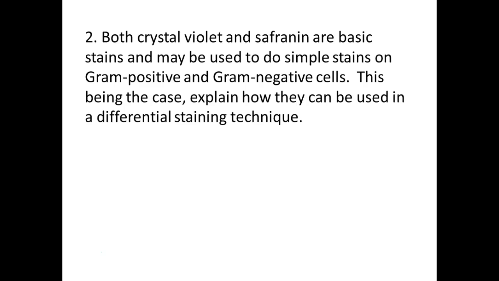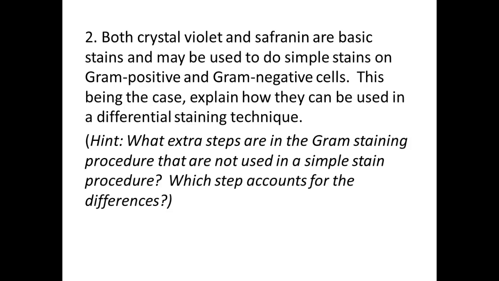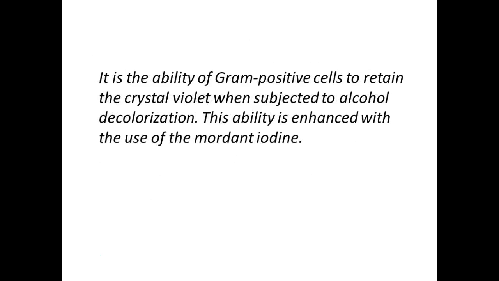Removing the color from one group and not the other is what makes this a differential stain, why it tells us different stuff other than just shape and morphology. So the key step is the decolorization step. And of course, this step is enhanced by the iodine.